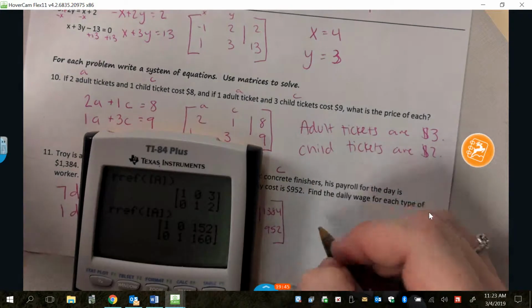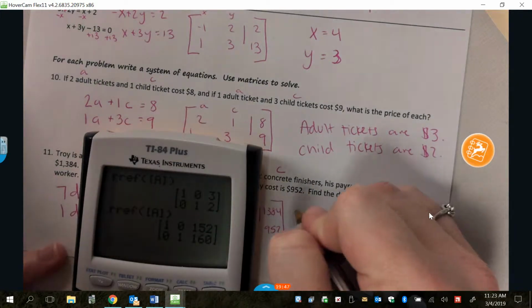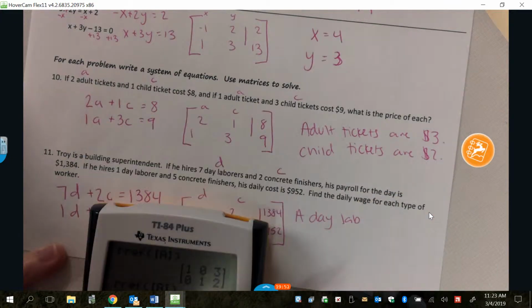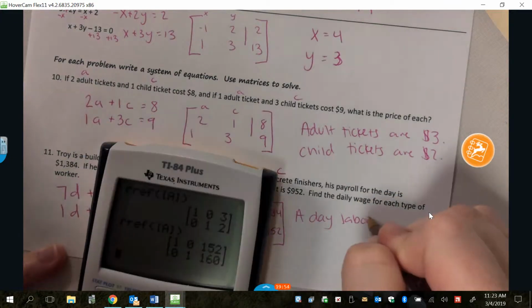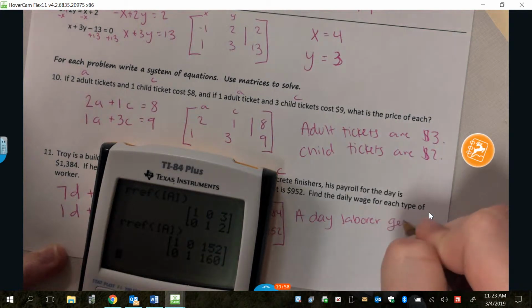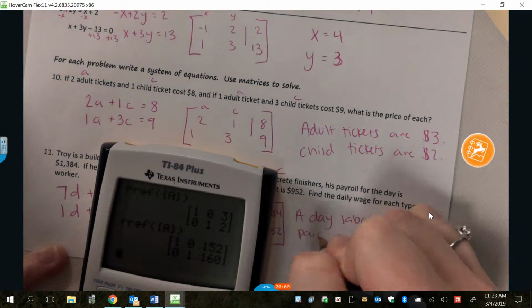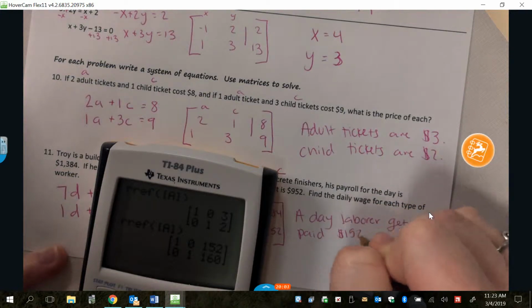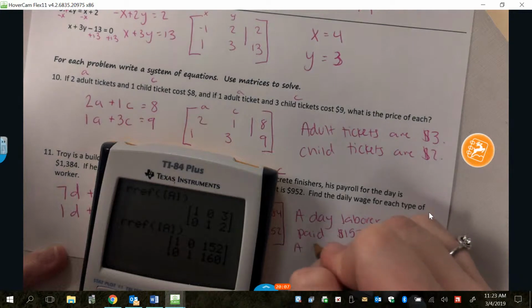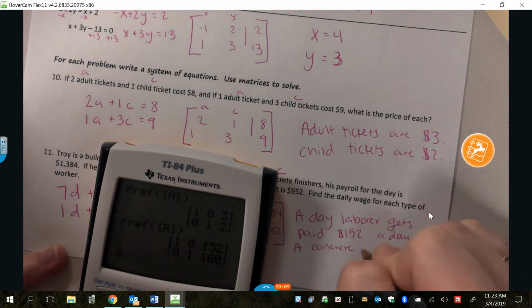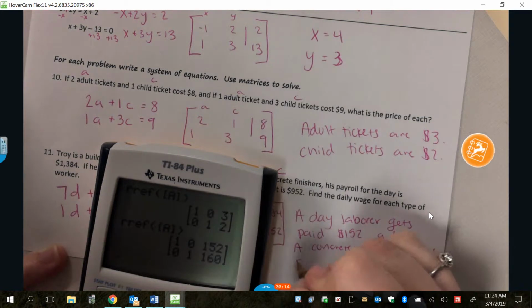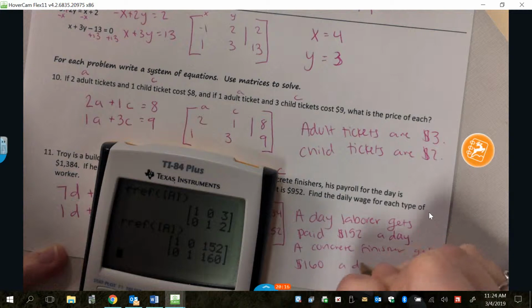So a day laborer gets paid $152 a day. A concrete finisher gets 160 a day.